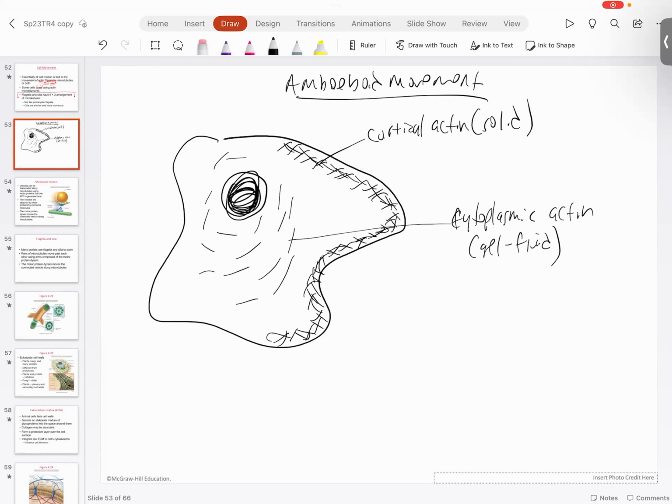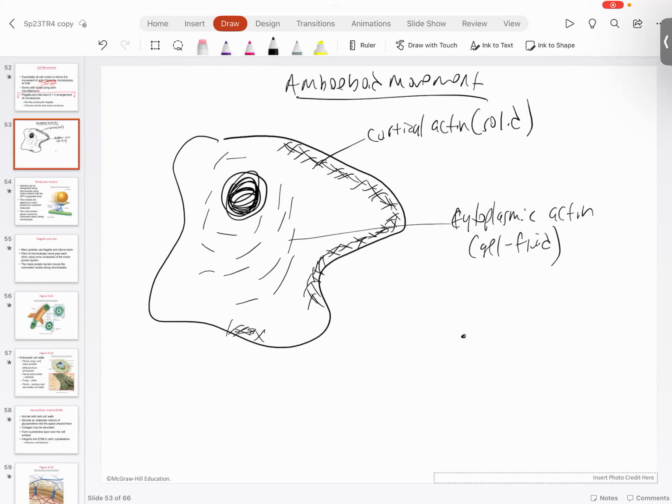Now, let's imagine that this particular cell, in this case an amoeba or a white blood cell, wanted to move over to here, this direction. The way it does that by oozing is that the first thing it does is it breaks down the cortical actin in the region that it wants to go. So now it exposes naked membrane.